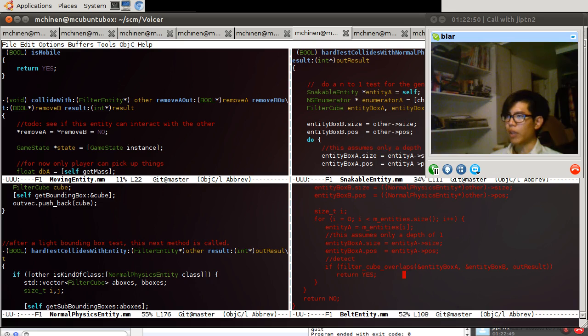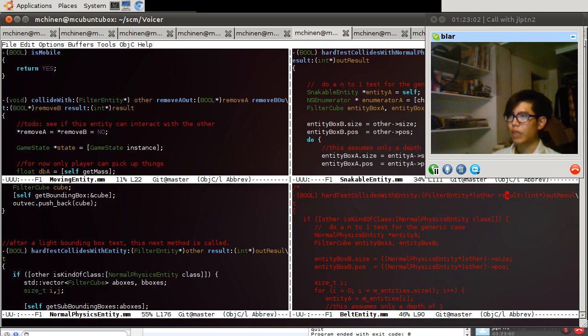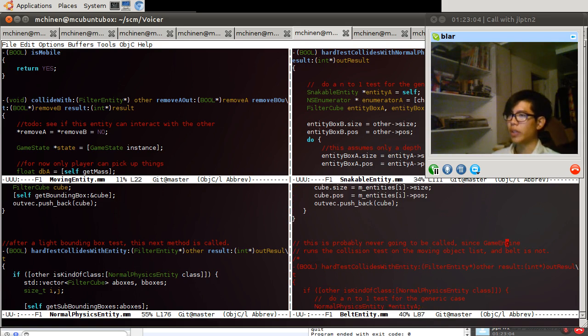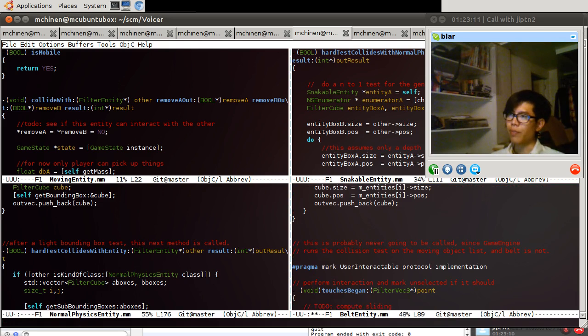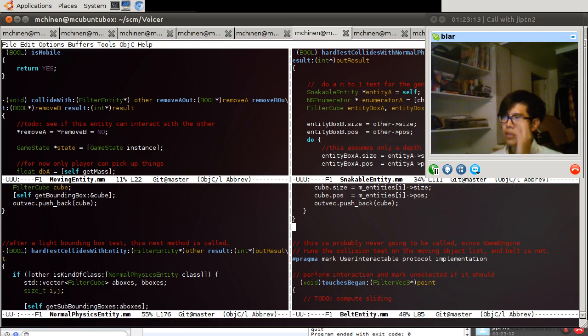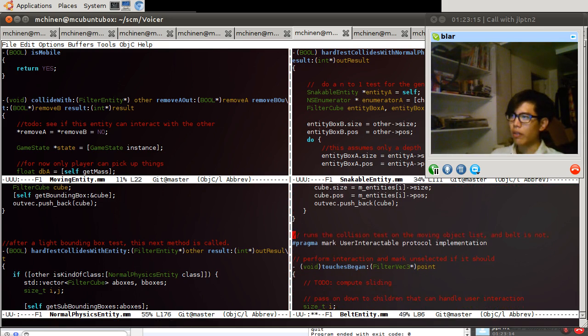And then we proceed to go over it. Anyway, this call isn't called, so that's why it didn't have an effect. Remember that only the moving object... Yeah, we have a comment saying that.